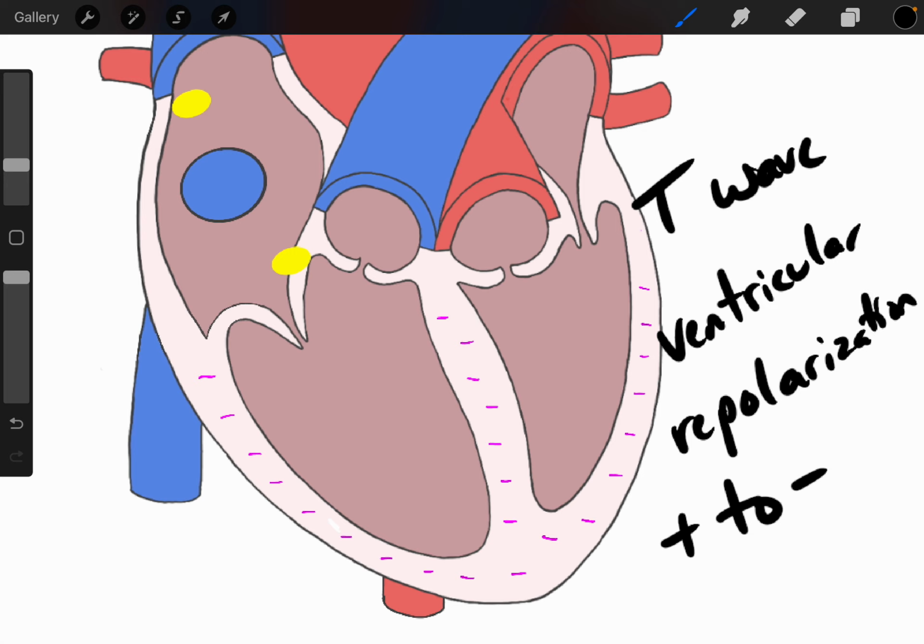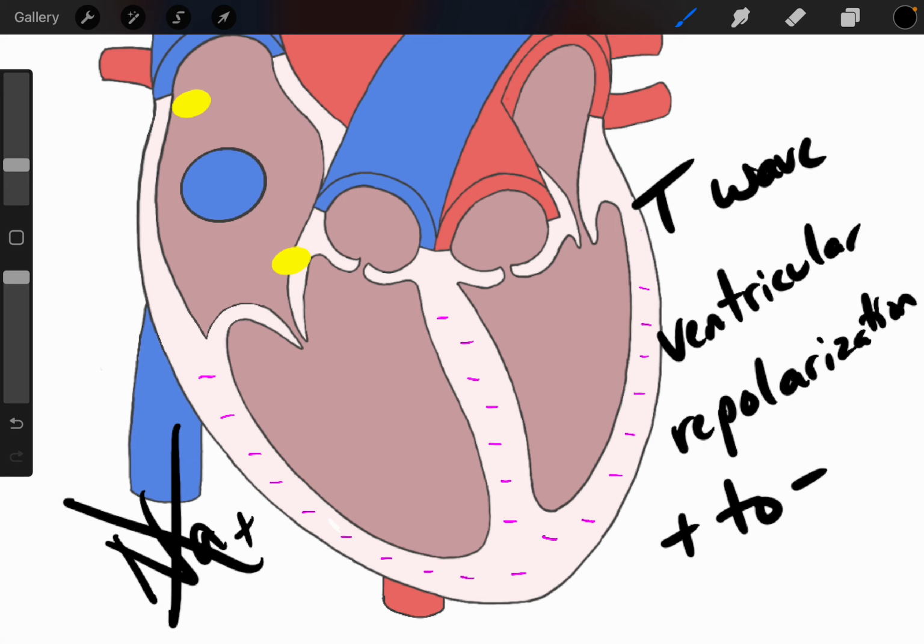What that means is once those muscles contract, we stop bringing in the sodium. So once we stop bringing in the sodium, the muscles will then start to change back toward that negative where they started. So they're basically going back to normal.